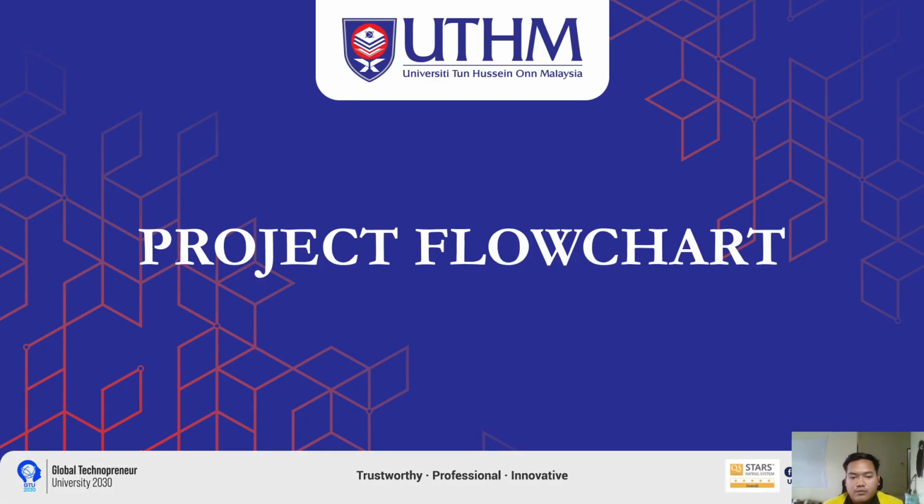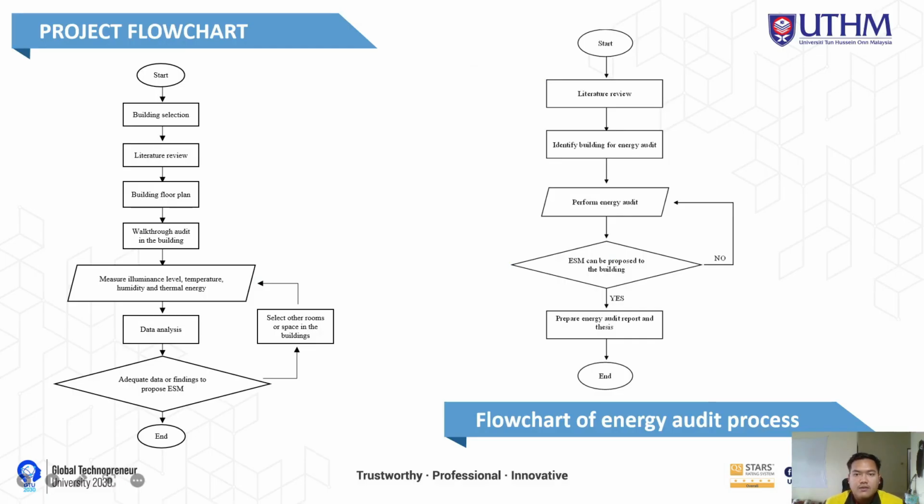After that, we move to the project flowchart. It depicts the work process flowchart, which begins with the building selection that has been decided upon following consultation with the supervisor. After that, a literature review of electrical energy audits is conducted.